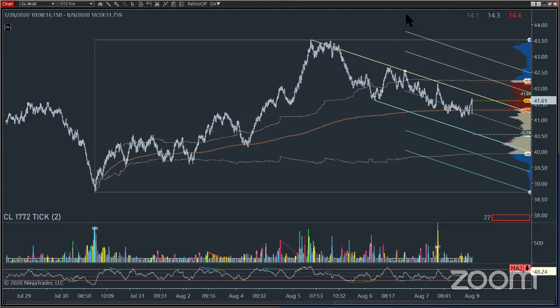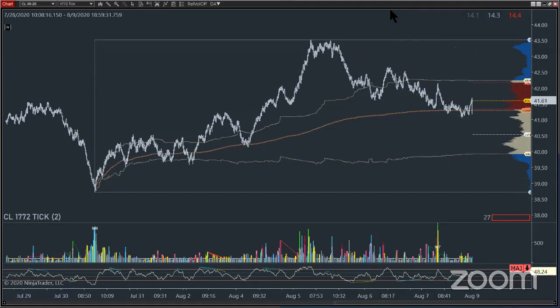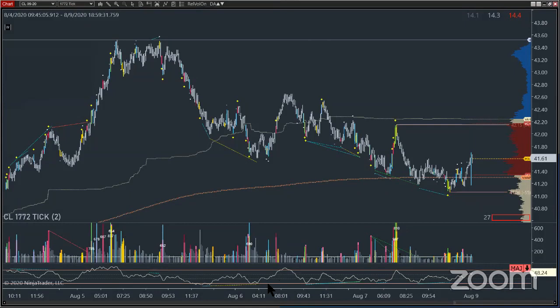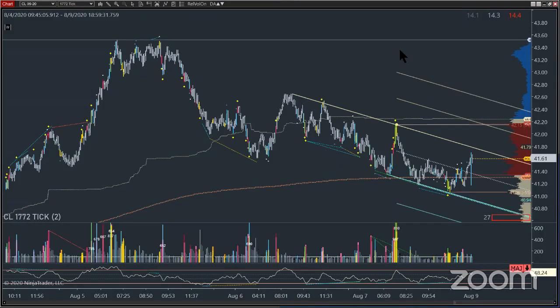This is the thing, though. You're not really lining up at the downsloping areas, but you are on the minute chart. Let me just see. I see something right here. So you're definitely at the bottom of this channel. Look how perfect that is.